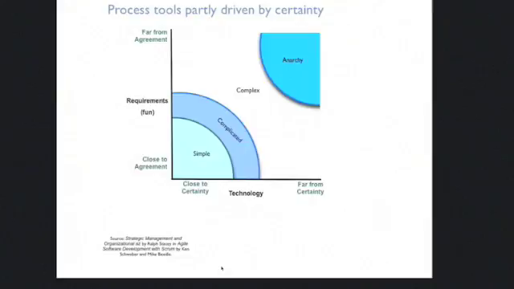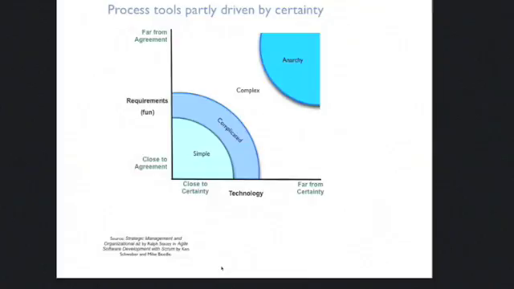Especially in game development, where our platforms change every 4 or 5 years, or if you're doing iPhone development, it seems to change every year, we're far from certainty in technology. Even if we stay on the same platform for several years, the technology we want to develop and surprise the player with is going to create a lot of uncertainty.